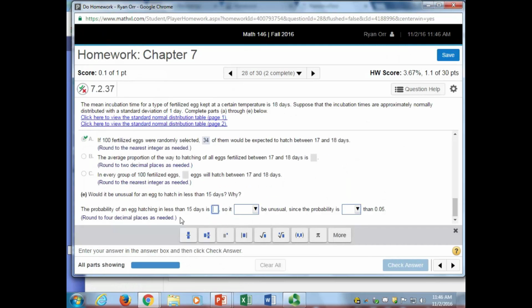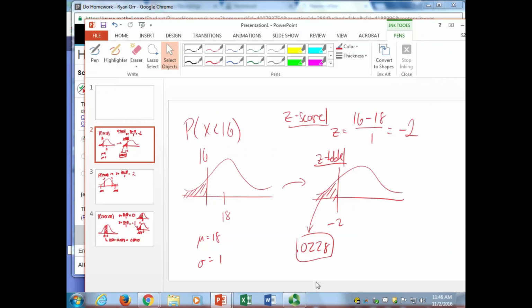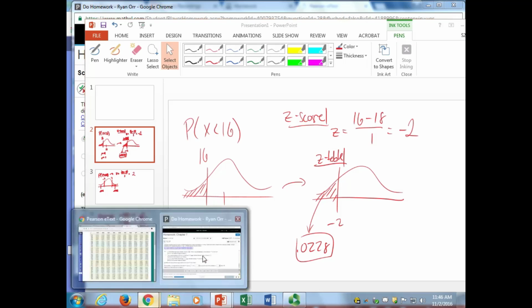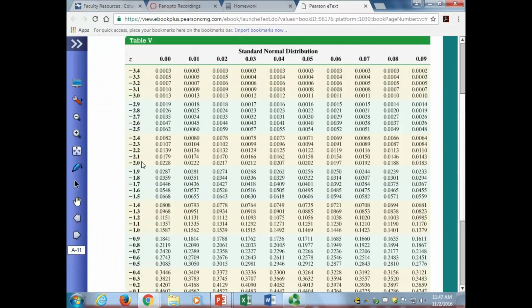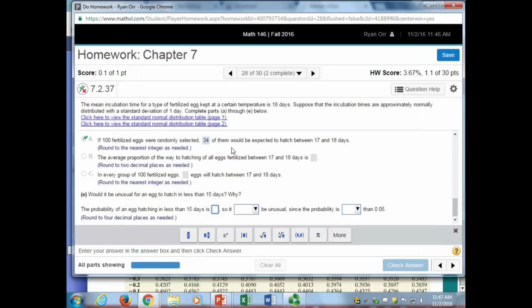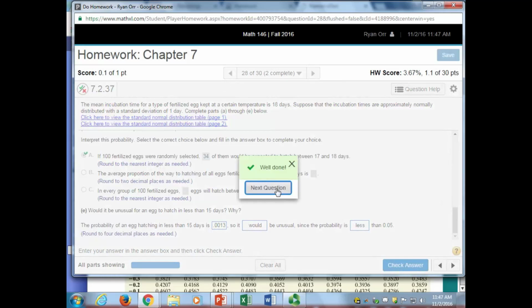So the probability of an egg hatching in less than 15 days, oh, they want the actual probability. Okay. So it's going to be a z-score of negative 3. So we can look that up on our table. It's here, 0.0013. So that's pretty unlikely. So let's say 0.0013. So it would be unusual since the probability is less than 0.05. Okay?